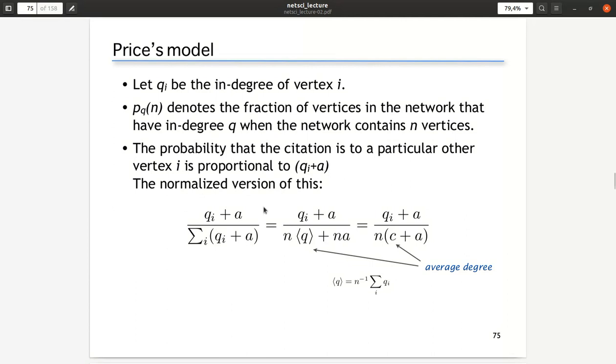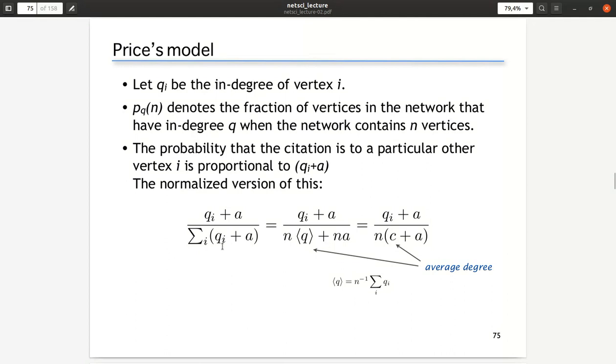So there is a normalized version of this expression here, q_i plus a, which looks like this. So what does it mean? That we are normalizing the q_i plus a, so the probability that a particular vertex gets the citation is normalized by the total in-degree of all these vertices. Okay, so the total in-degree.